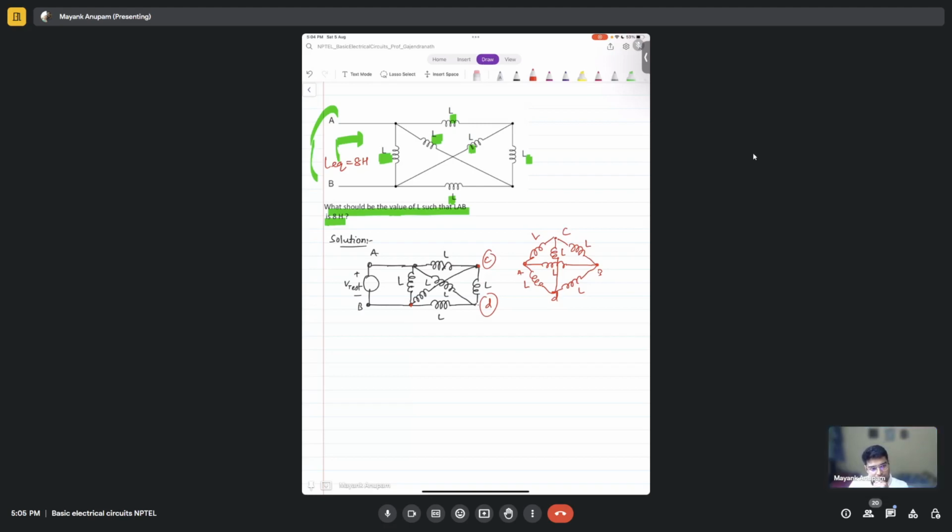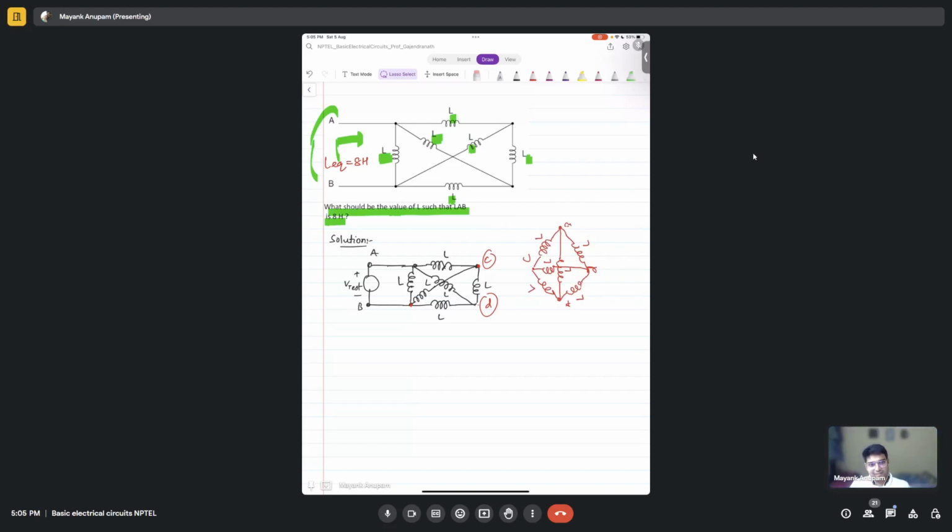Instead of placing it in the middle, we can draw it on the left side or the right side. Oh, so what will that accomplish? Okay, let's do that also. Let's rotate it left. Now C and D are on the right and left. Now, is it a Wheatstone bridge?